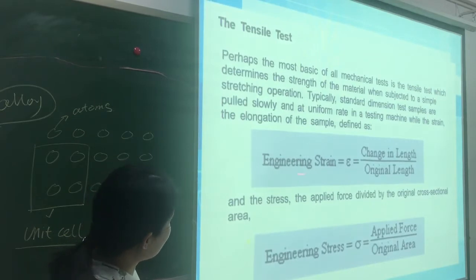We define the engineering strain as the change in length divided by the original length, and the engineering stress sigma is the applied force divided by the original area.